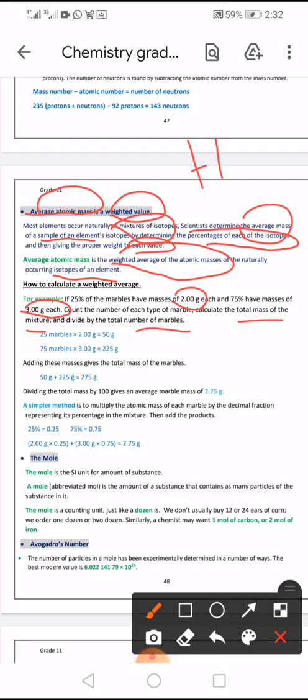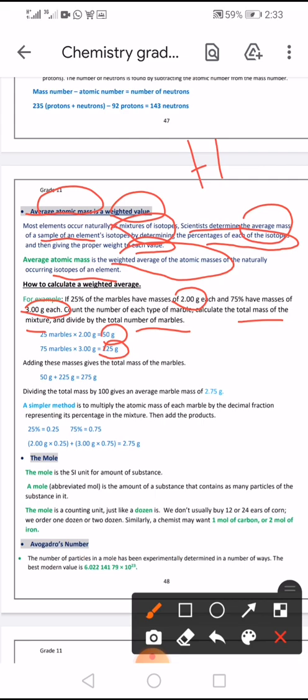To get the average atomic mass, we first multiply 25 times 2 to get the total mass of 25 marbles, which is equal to 50. To get the total mass of 75 marbles, we multiply 75 times 3, which is equal to 225.